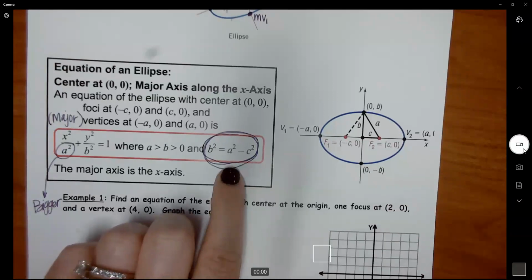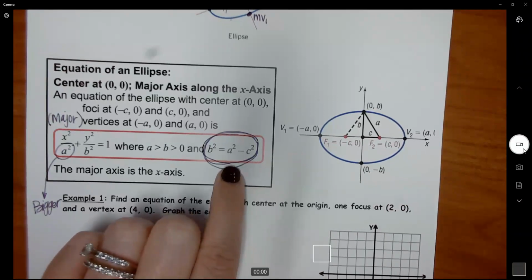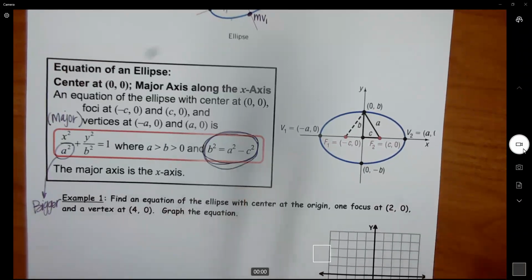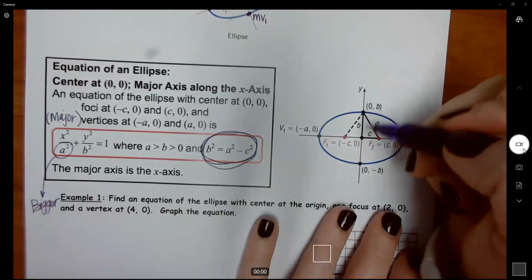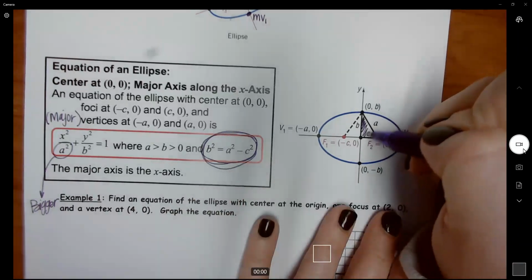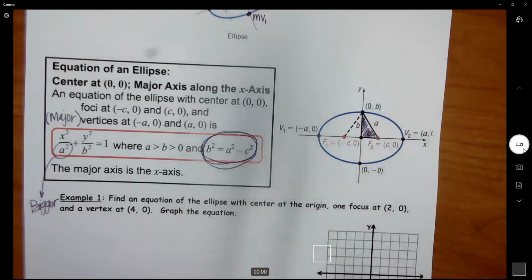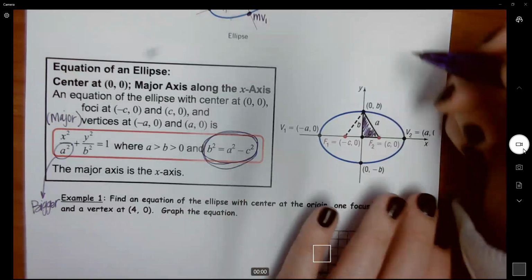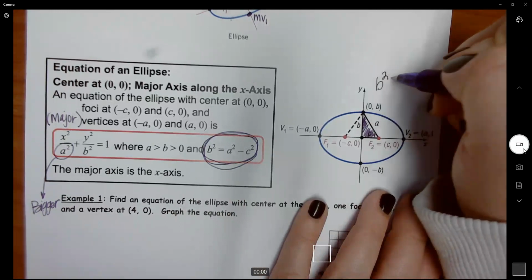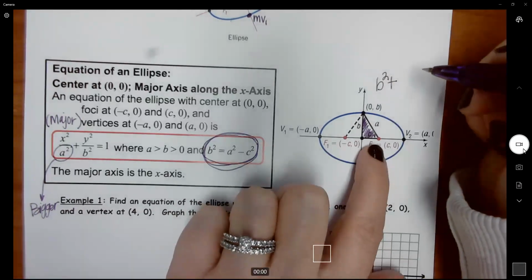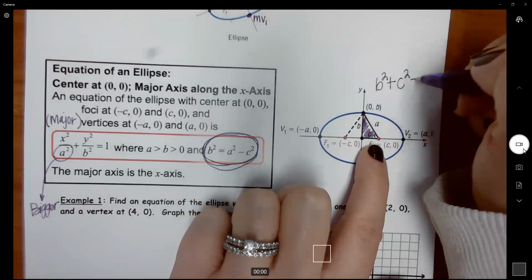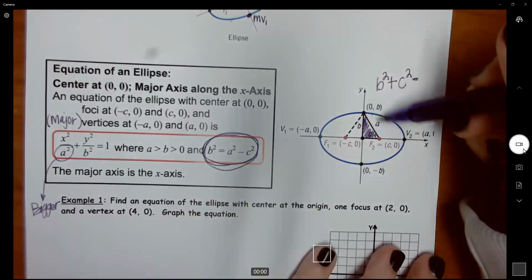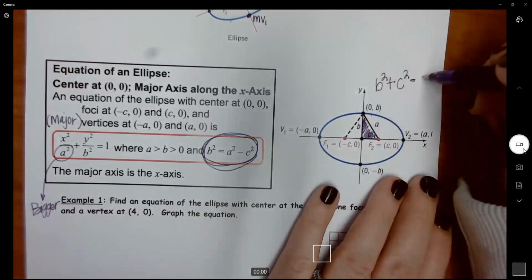Well, that's essentially where they came up with this formula. It's just they're not labeling the two legs a and b and the hypotenuse c. When you look at this right triangle that they have, one leg is b, so this is b squared, plus your other leg is c squared, and this equals the hypotenuse, which is a squared.